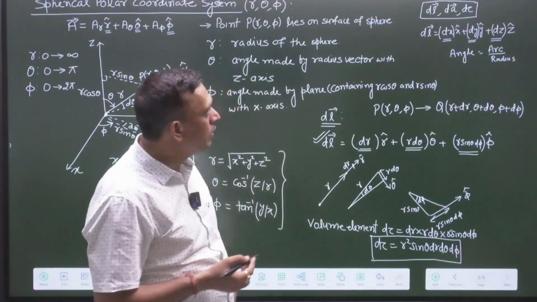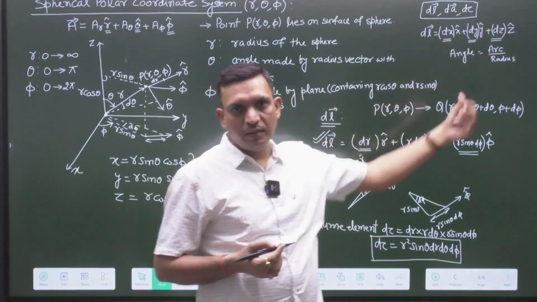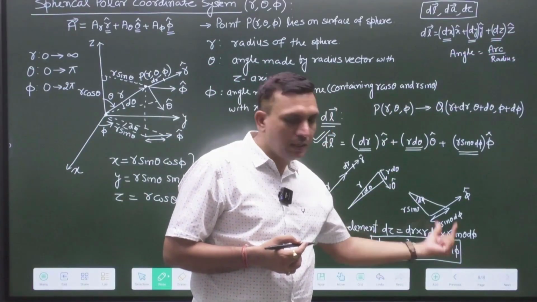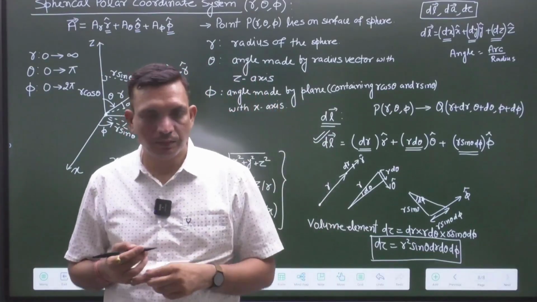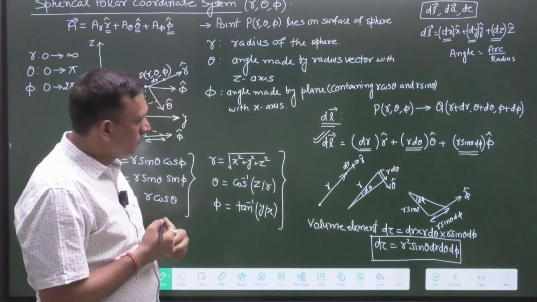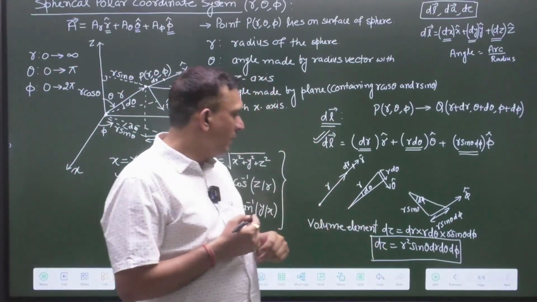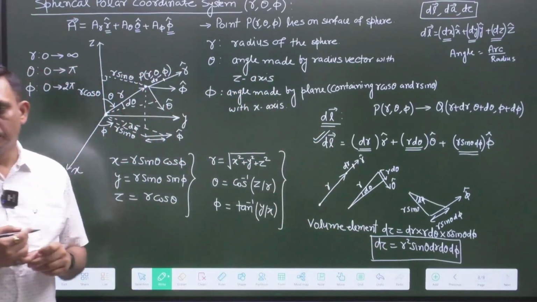In Cartesian coordinate, d tau is dx dy dz. But here it will be r square sin theta dr d theta d phi. So you know dl vector and volume element in spherical polar coordinate system.